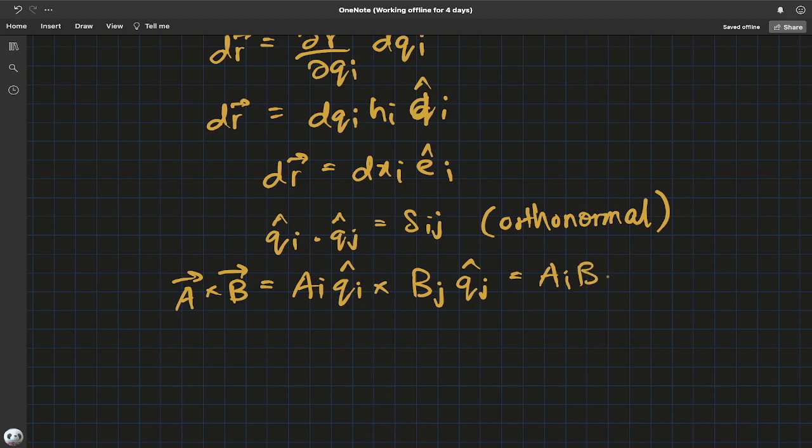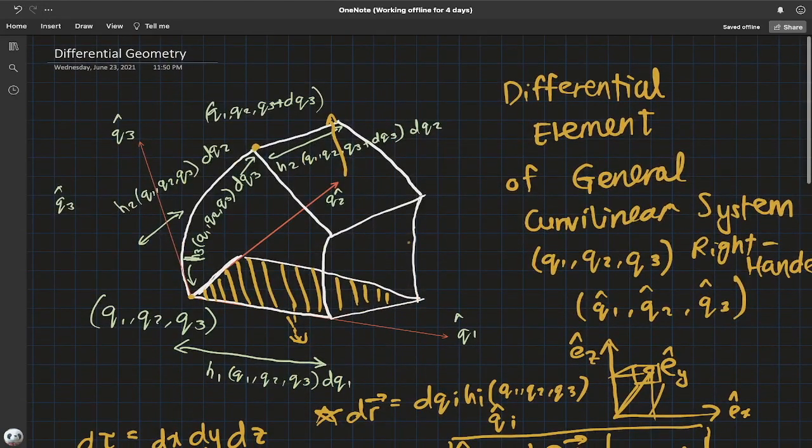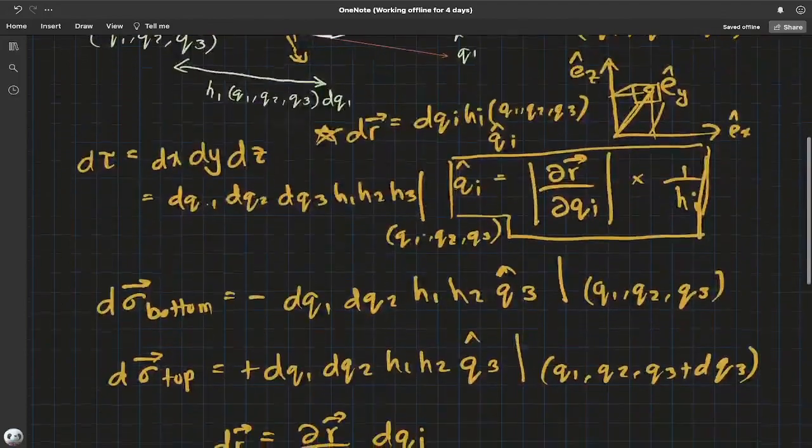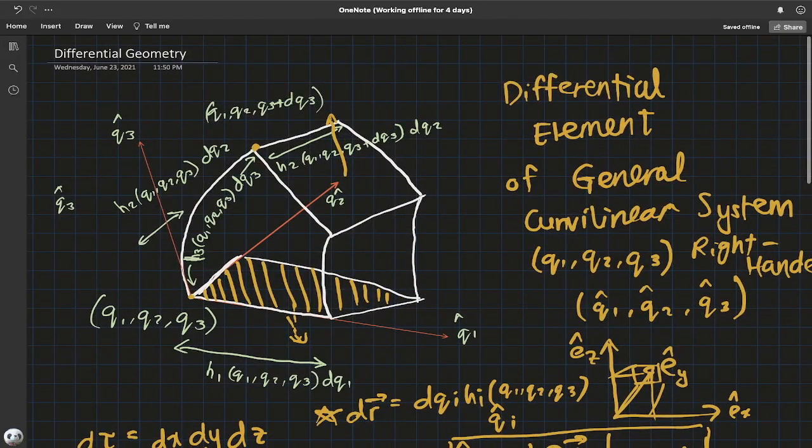So we have a_i b_j epsilon_ijk q_k hat, only because this is a right-handed system, so we want this to work. Okay, this was a little recap and a little explanation of what this entire thing is here.